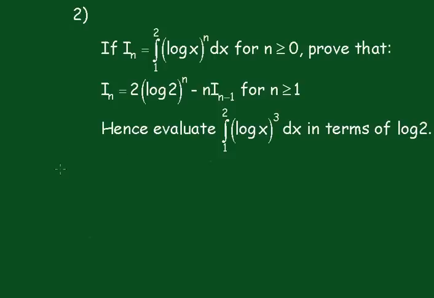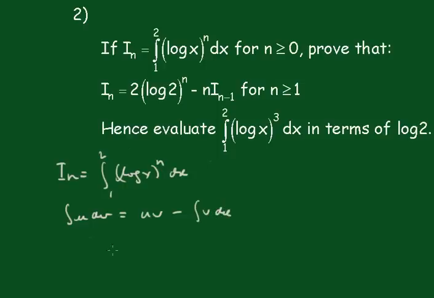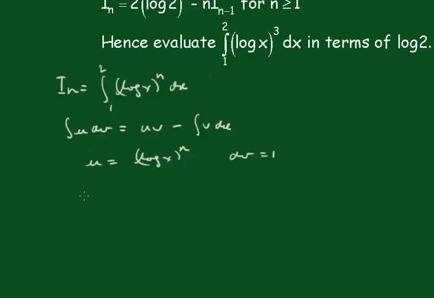We have that I_n equals the integral between 2 and 1 of (log x)^n dx. So I'm going to use integration by parts: the integral of u dv equals uv minus the integral of v du. My u is log x to the n, and my dv equals 1. So du equals n (log x)^(n-1) times 1 on x.